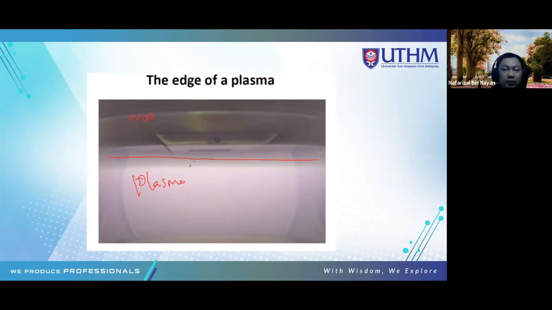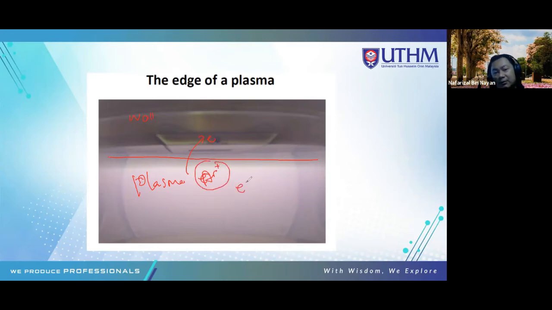The electron goes very fast to the wall, and then you can see the ion will stay inside here. Let's say it's argon, so we keep the argon inside the plasma.